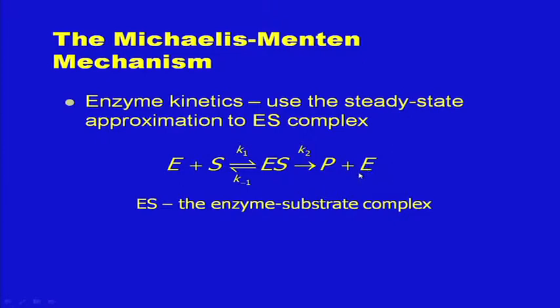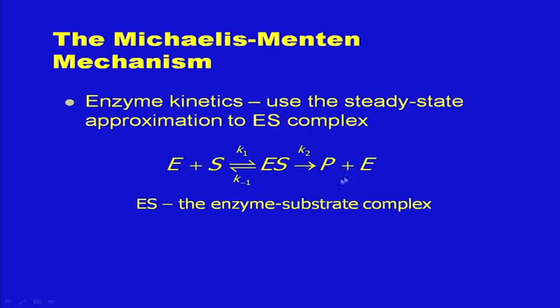It is the enzyme substrate complex that dissociates to give you your desired product. This is the intermediate through which the substrate, with the help of the enzyme, is converted to product.